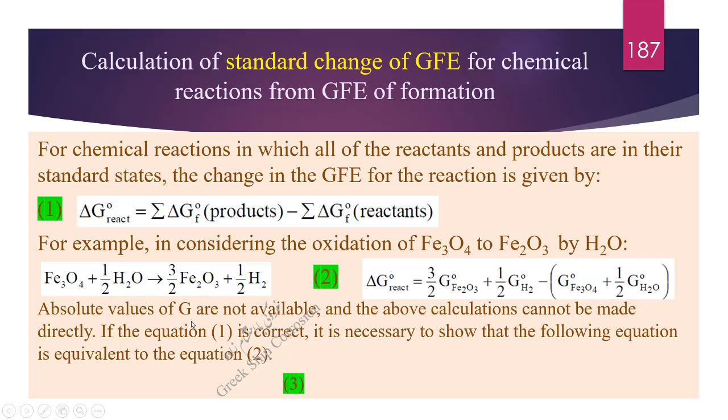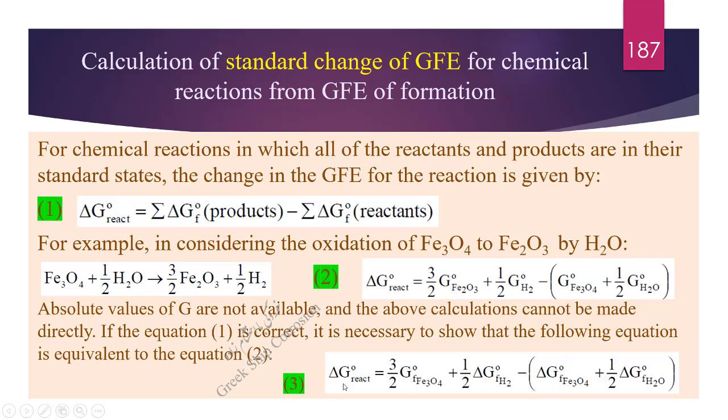Absolute values of Gibbs free energy are not available, and the above calculation cannot be made directly. If equation 1 is correct, it is necessary to show that the following equation is equivalent to equation 2.